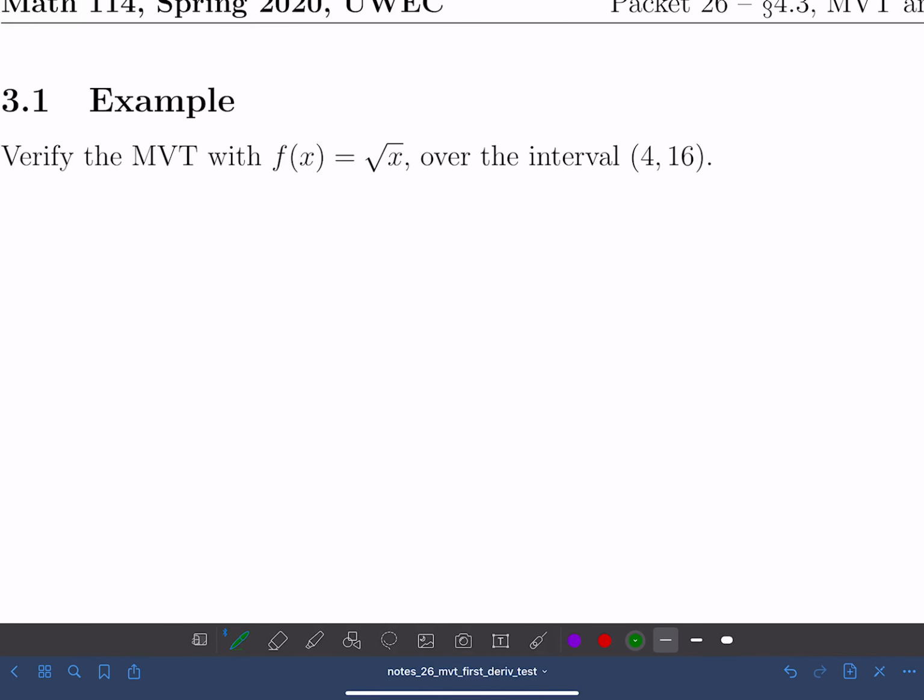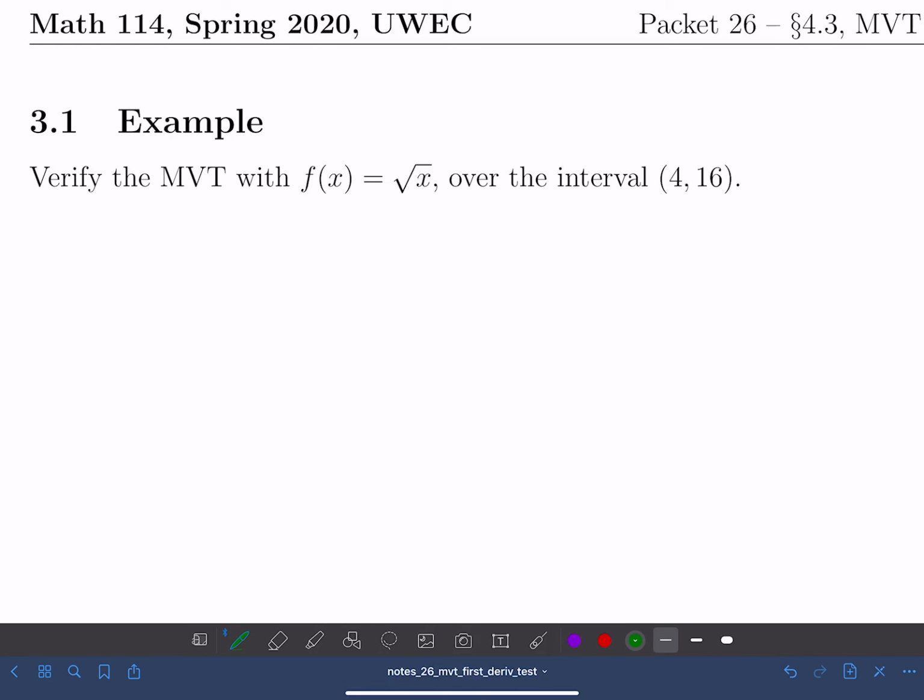Let's play with the mean value theorem with the square root function over the interval from 4 to 16. Let's demonstrate that it actually holds true. All right, so we need the average rate of change over 4 to 16. Fine. So f of 4 is equal to 2.